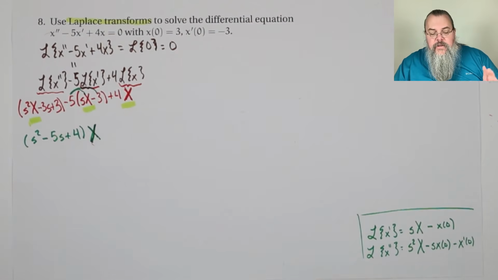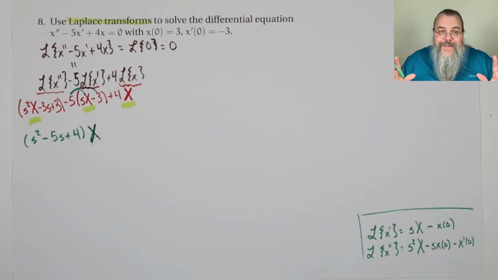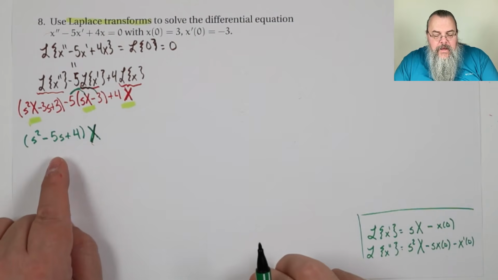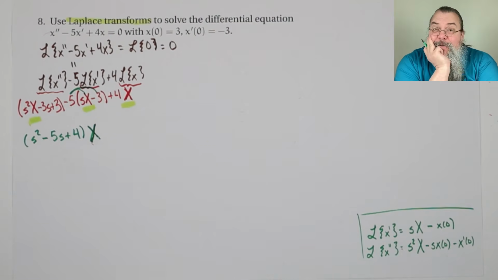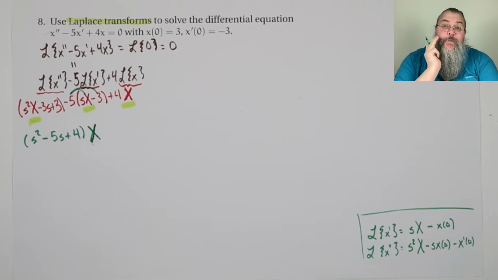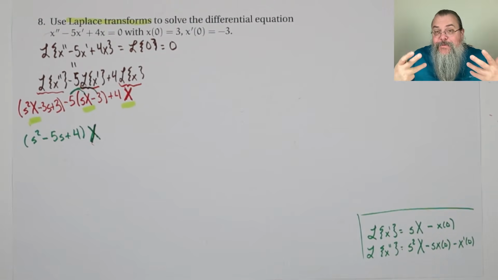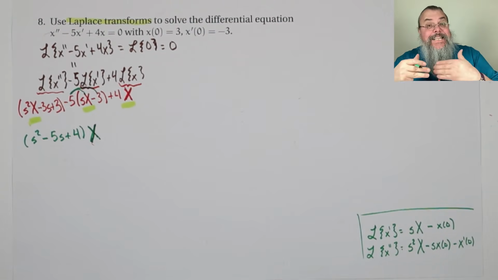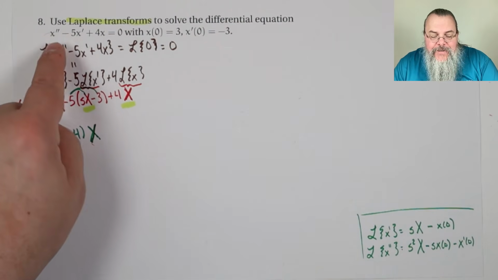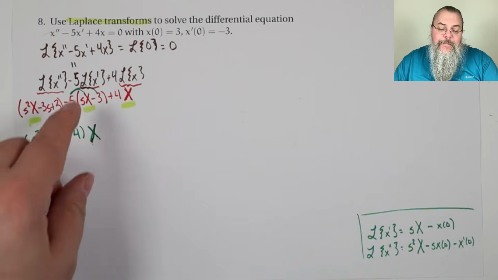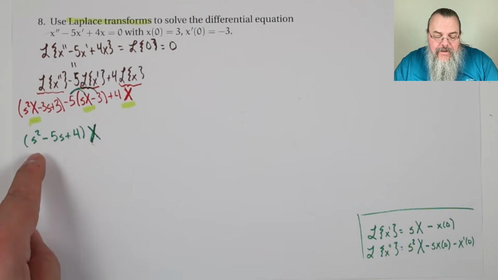All right, good. I'm going to pause for a second. This s squared minus 5s plus 4, does it sound familiar? Would we have seen something like this before in perhaps a slightly different context? Notice our differential equation, x double prime minus 5x prime plus 4x.